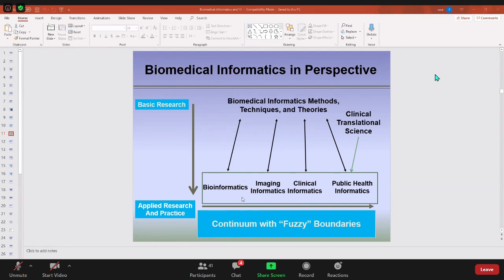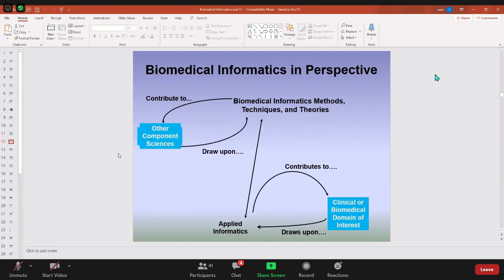That's why in the core component of biomedical science, there is bioinformatics. It is important to understand the core component here. Of course, in the very near future, clinical informatics and also public health informatics will be incorporated into your program. However, these two components are more related to clinical and medical programs.